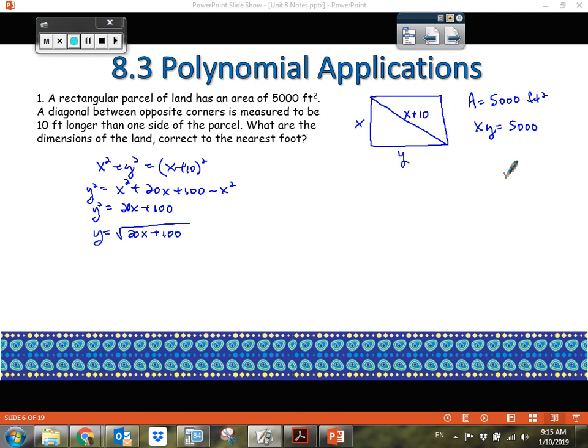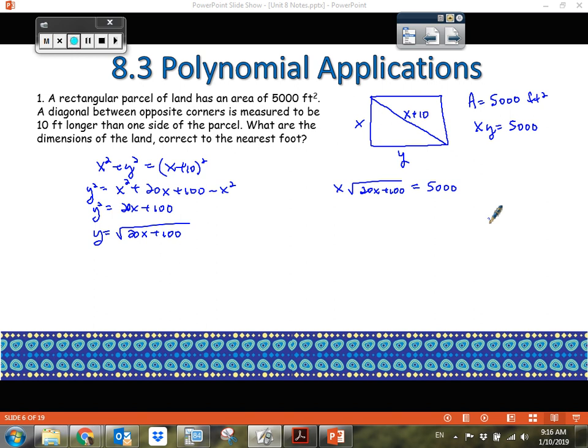That allows us to bring them together into one equation that we can work with. So we have x times y, which is the square root of 20x plus 100, equals 5,000. Okay, is everybody okay with that?